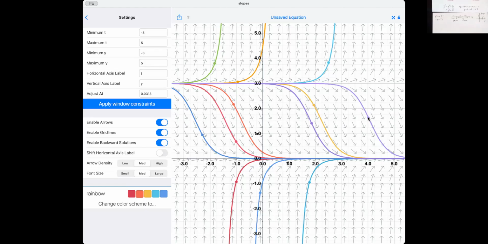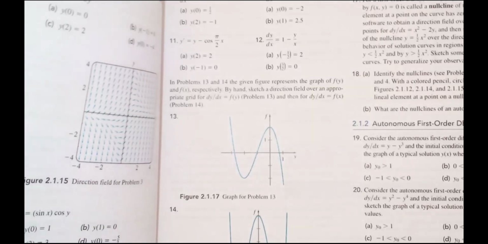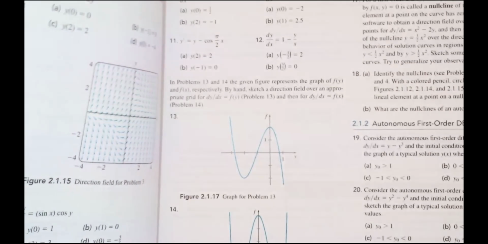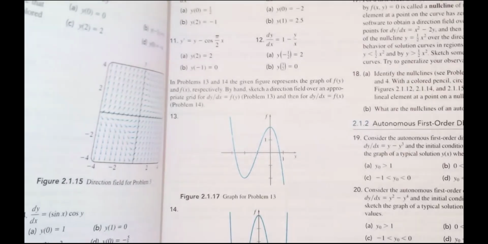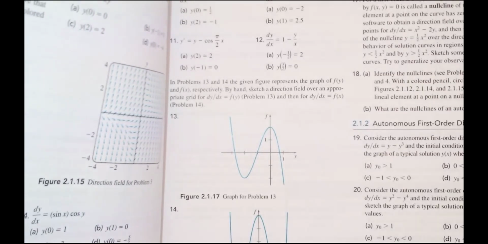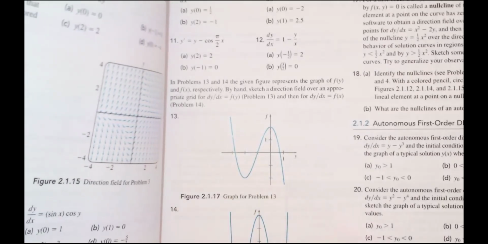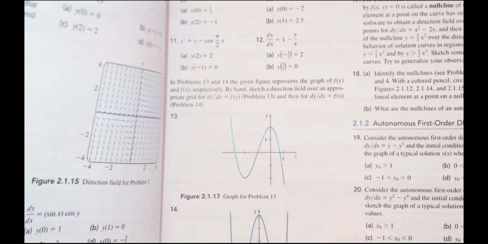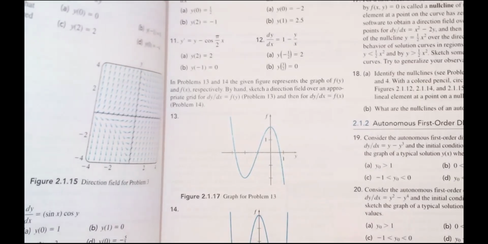Page 45. Here's a picture. Problem 13 here. I have absolutely no idea what the equation is for this differential equation. But this graph is f of y. That's all they told me.